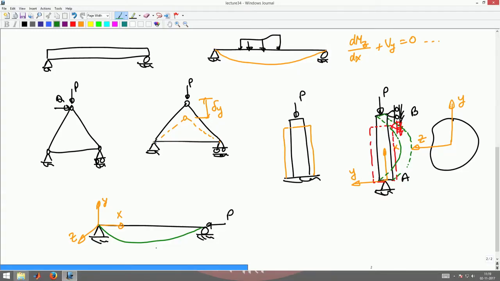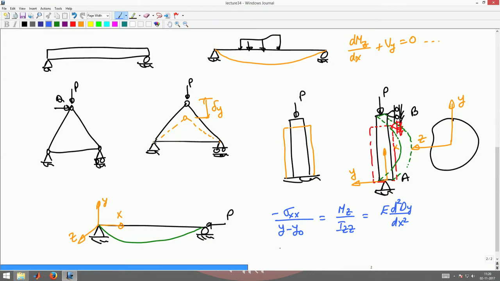Even though we derived it for a case where it was subjected to pure bending moment, we saw that the equation for bending, minus sigma xx by y minus y naught equal to Mz by Izz equal to E d square delta y by dx square, was for bending deflection occurring along the y axis.